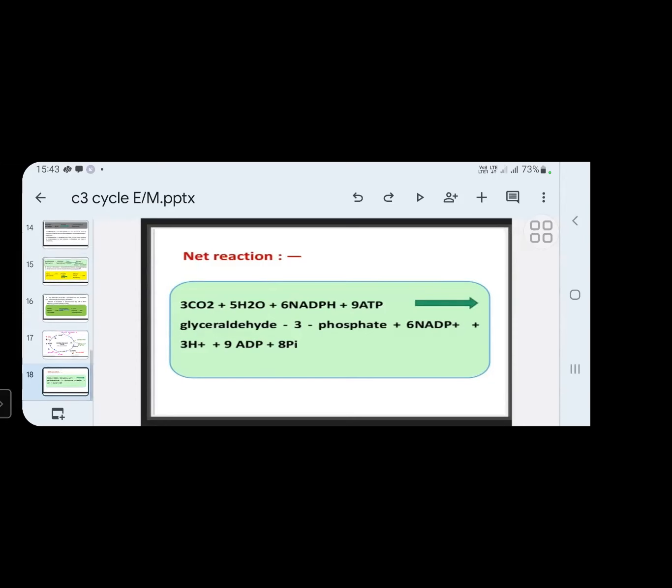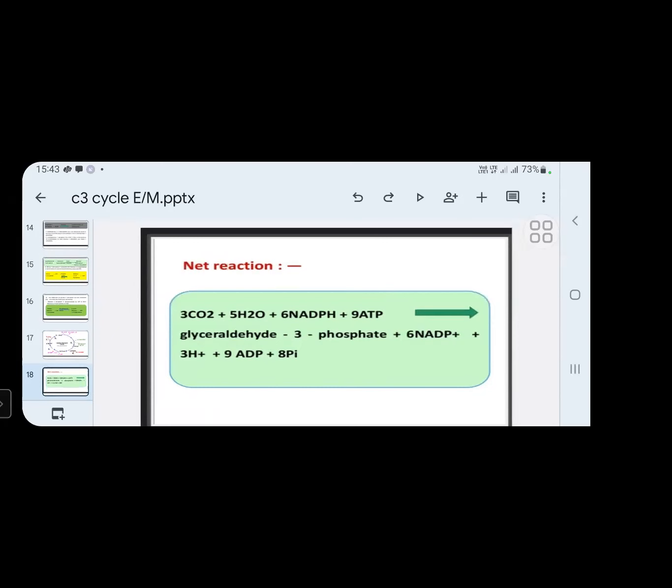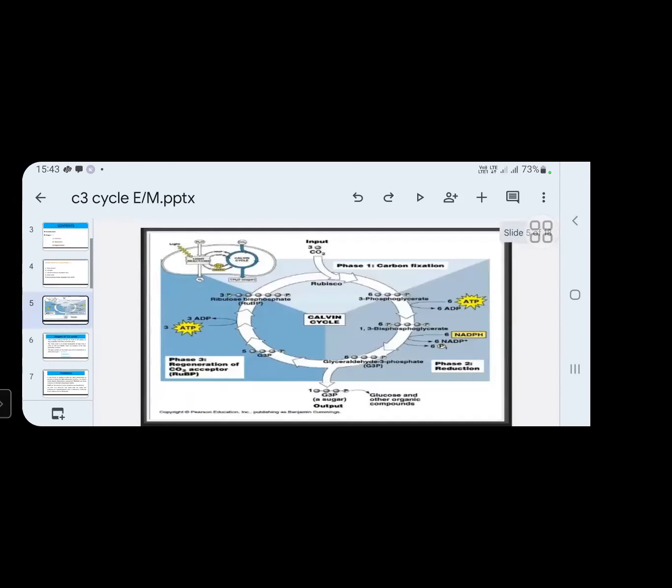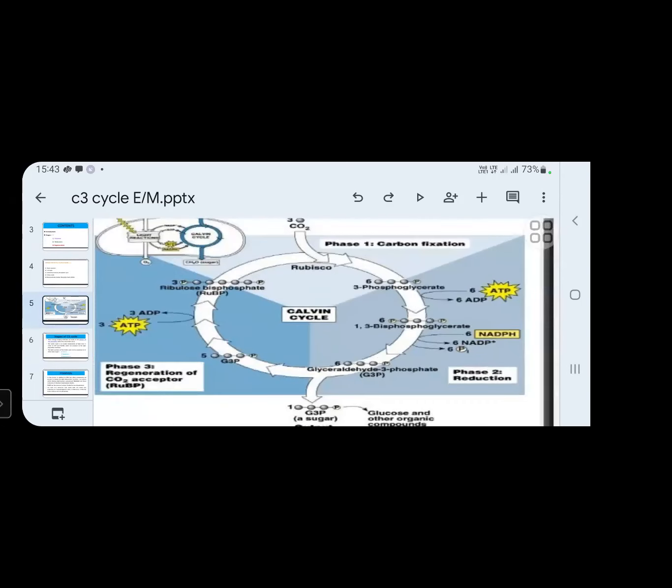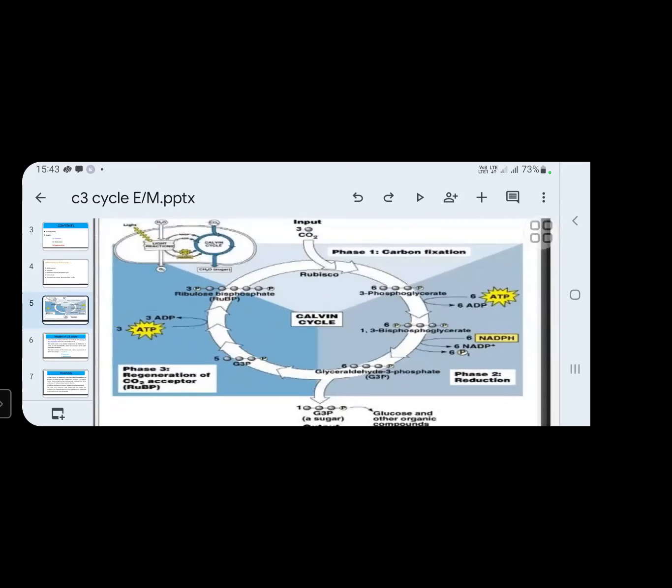Now for all the steps, I will share this cycle; you can observe all of these. We will take only 3 CO2s for the final reaction, and now I take the 3-carbon compound.